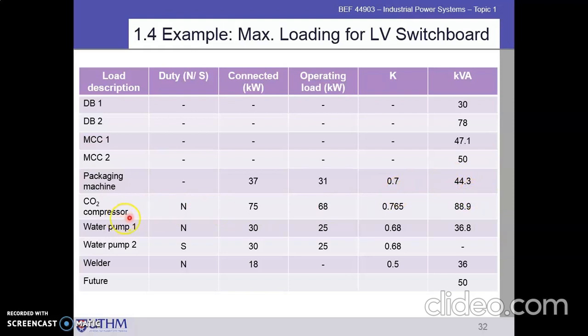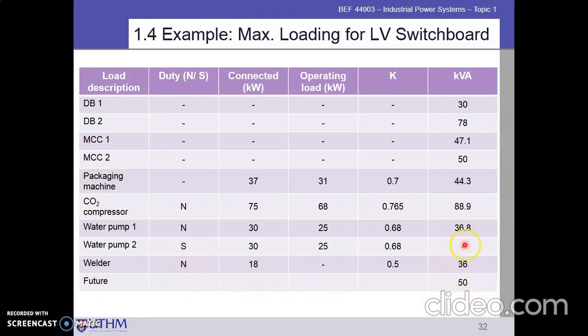CO2 compressor, this is the kVA. And then water pump 1, this is the kVA. And then water pump 2, there is no kVA here because this is not in duty. This is spare. And then welder, the connected load is 36.